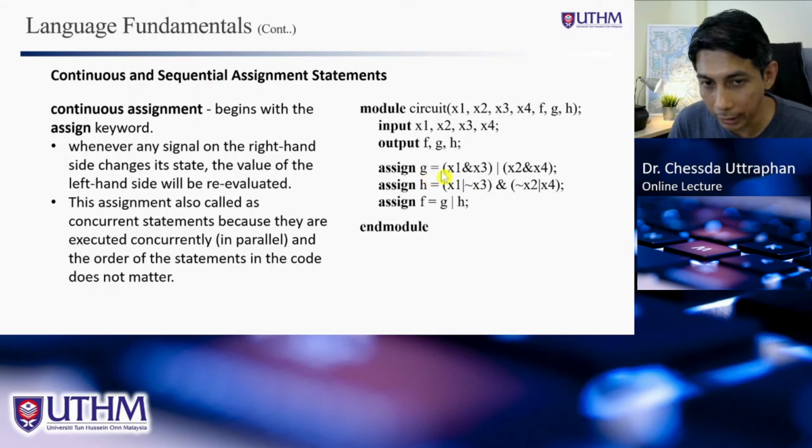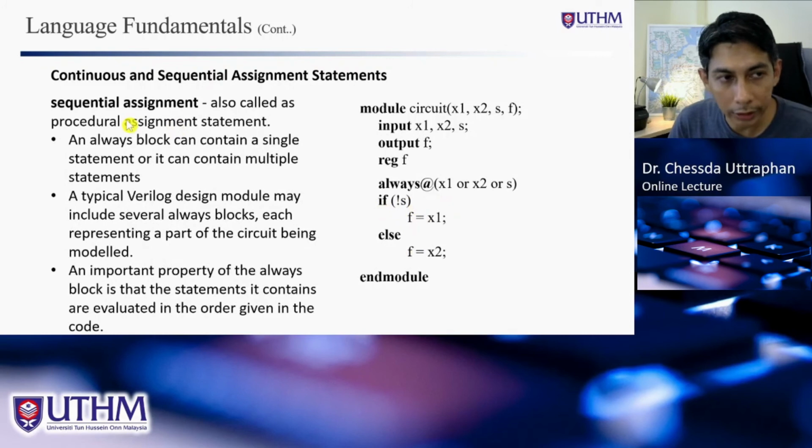So we have G equal to this, H equal to this, F equal to this, and we use the assign keyword. All right. So by using that, we call this continuous assignment, and all of these will be evaluated or executed simultaneously, or at the same time. That is continuous assignment.